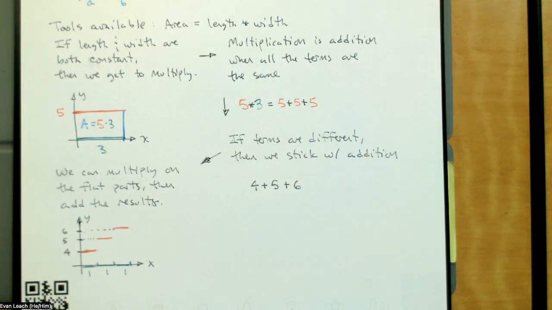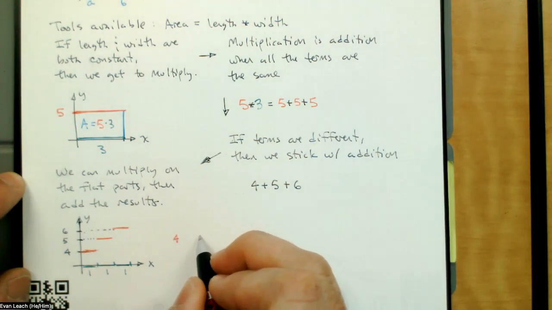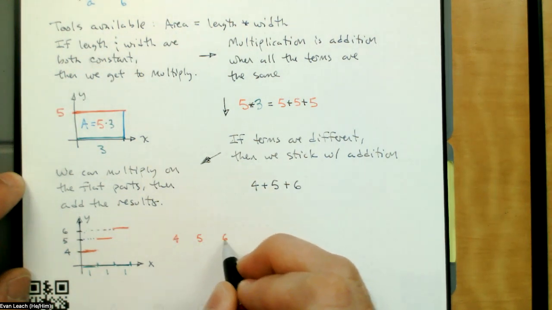It's an addition problem. On the flat parts, each of those areas is a multiplication problem. I do 4 times 1, plus 5 times 1, plus 6 times 1.